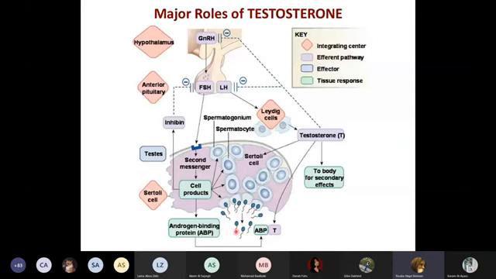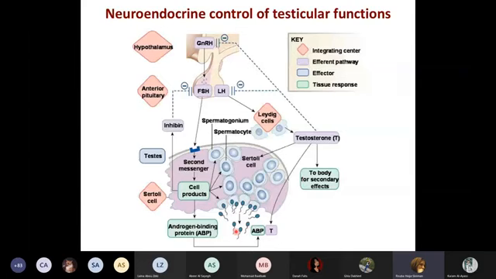We'll start with the first of the functions, which is the neuroendocrine control of testicular function. So as I mentioned, the central nervous system is controlled by the hypothalamo-hypophyseal axis. So the hypothalamus secreting GnRH, the gonadotropin releasing hormone that is produced by the neurosecretory cells of the hypothalamus, will be released and will come in contact with capillaries of the hypothalamic hypophyseal portal system.